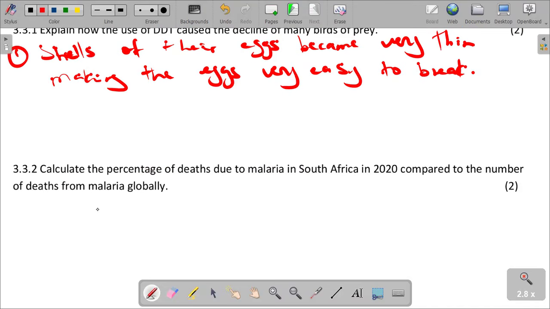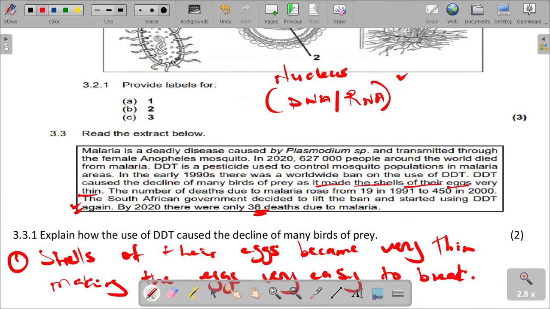Calculate the percentage of deaths from malaria in South Africa in 2020 compared to the number of deaths from malaria globally. So we just need to look into the extract. The population statistics are given.